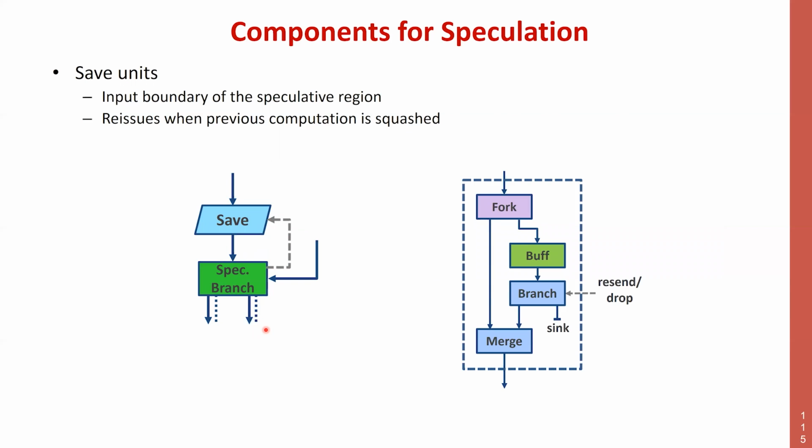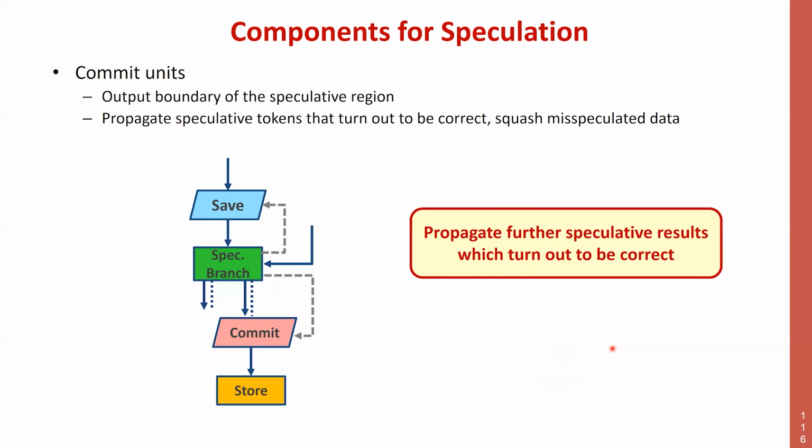So these components are relatively simple, not super simple, but you see they are made of the usual components, right? It's still forks, buffers, branches, merges, and the branch that throws away something or makes it advance. So it's actually relatively elegant the way you can do it.